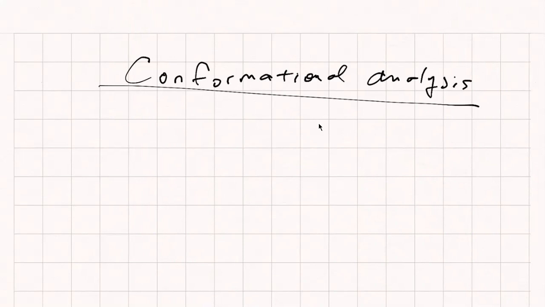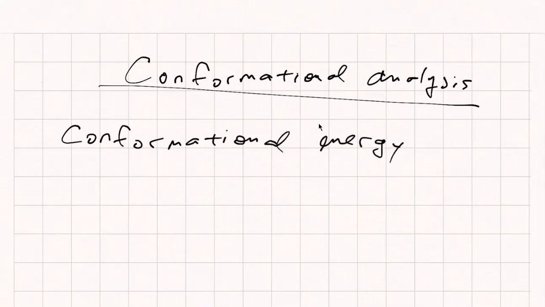When we normally talk about this, we talk about the different conformations in terms of their energy. So we look at the energy of a conformation, and that's how we compare structures.